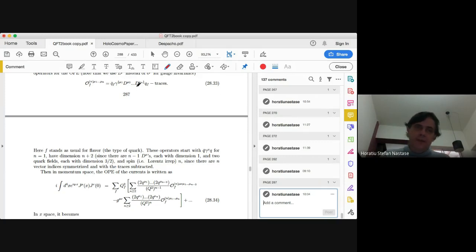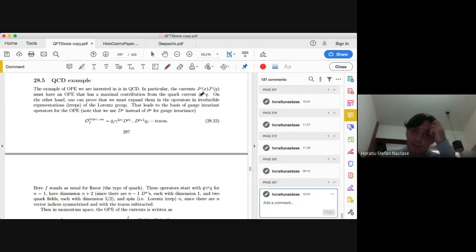If I don't have these D's, then I have this current Q bar gamma mu Q. As I said, this is the leading contribution to the product of two currents.